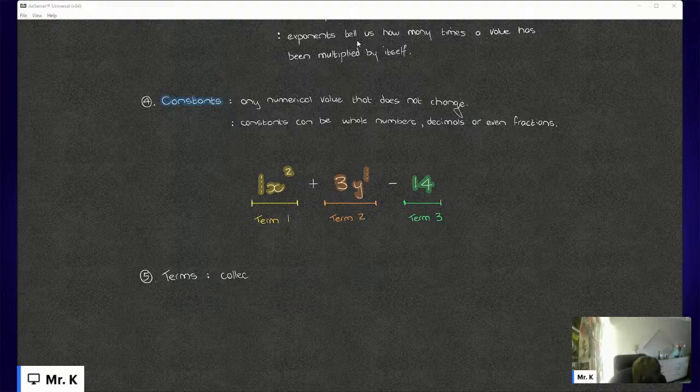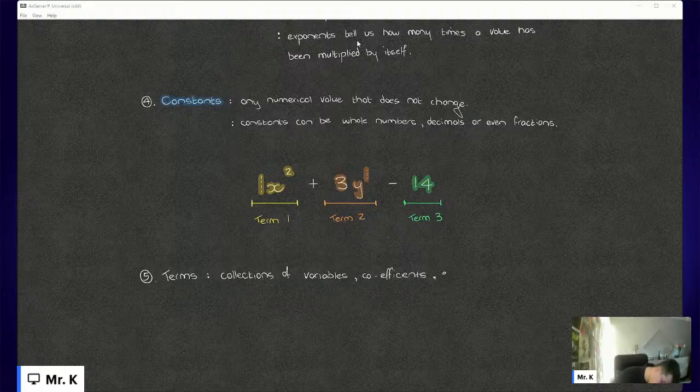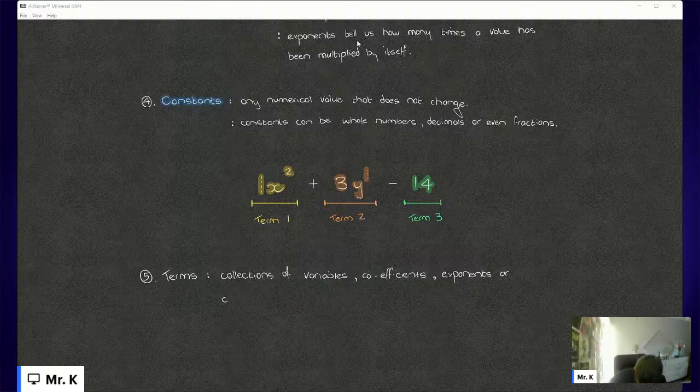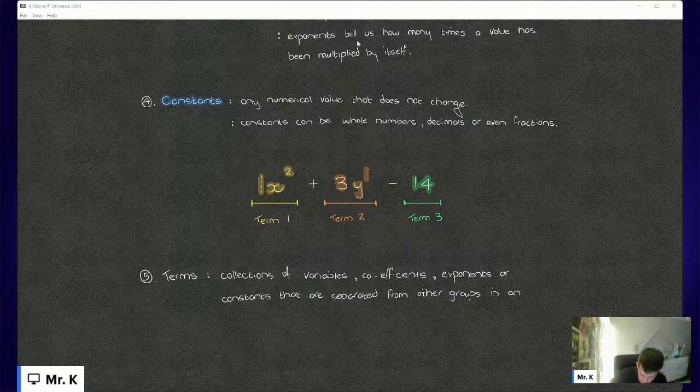Terms are collections of variables, coefficients, exponents, or constants that are separated from other groups in an algebraic sentence.